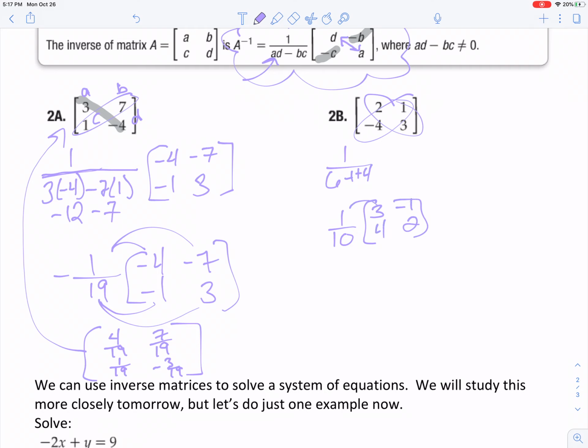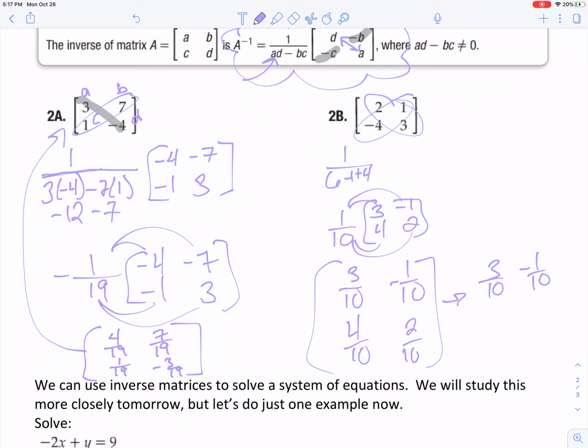Do distributive property. 1/10 times 3 is 3/10. Negative 1/10. 4/10. And 2/10. Oh, I noticed something. I think I have a couple fractions that will simplify. So 3/10, negative 1/10, 2/5, and 1/5.